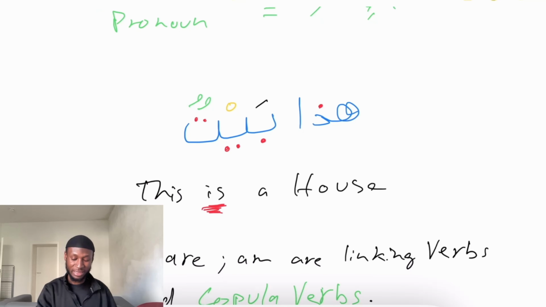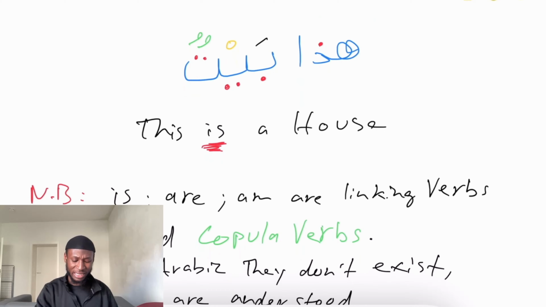But if you look carefully, hada means this, and baytu means a house, because we have tanween that indicates the noun being indefinite. So how can I translate it as this is a house?